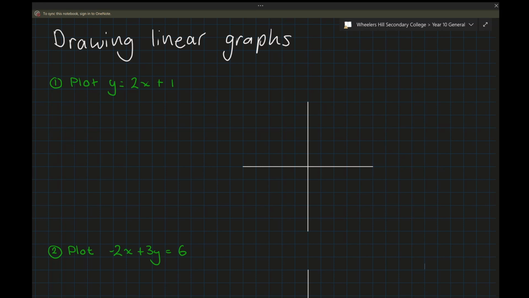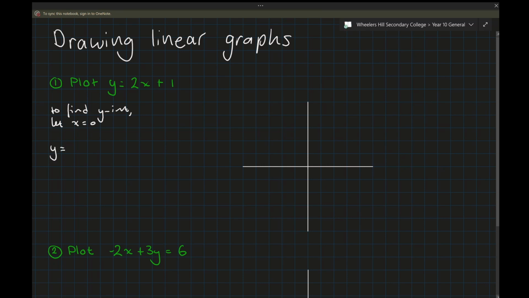Let's look at this first example. We are looking at y equals 2x plus 1. To find the y-intercept, we must let x equal 0. So let's do that.